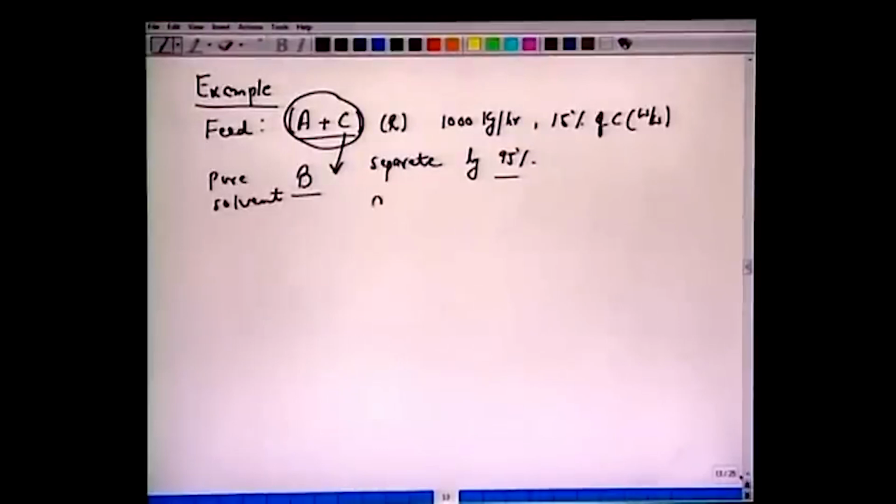And there are two cases here. A, we have single stage, and B, we have 3 stages.